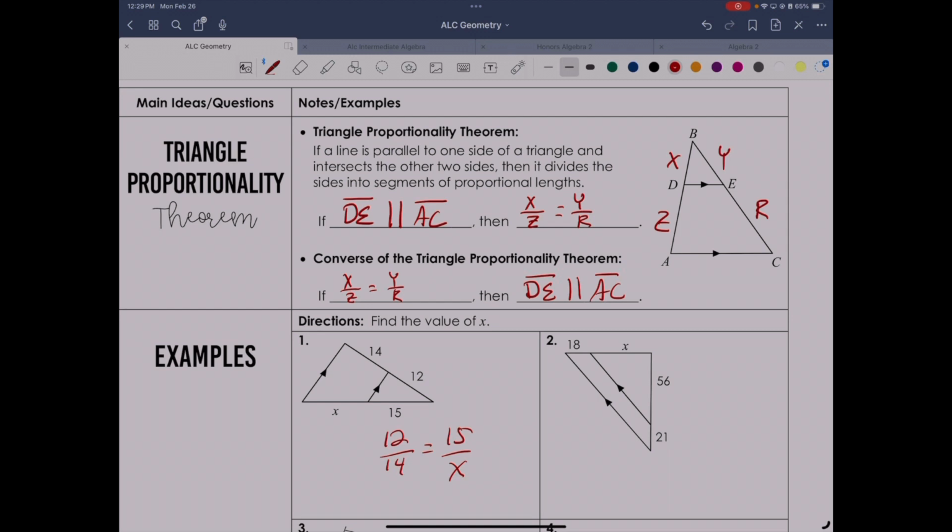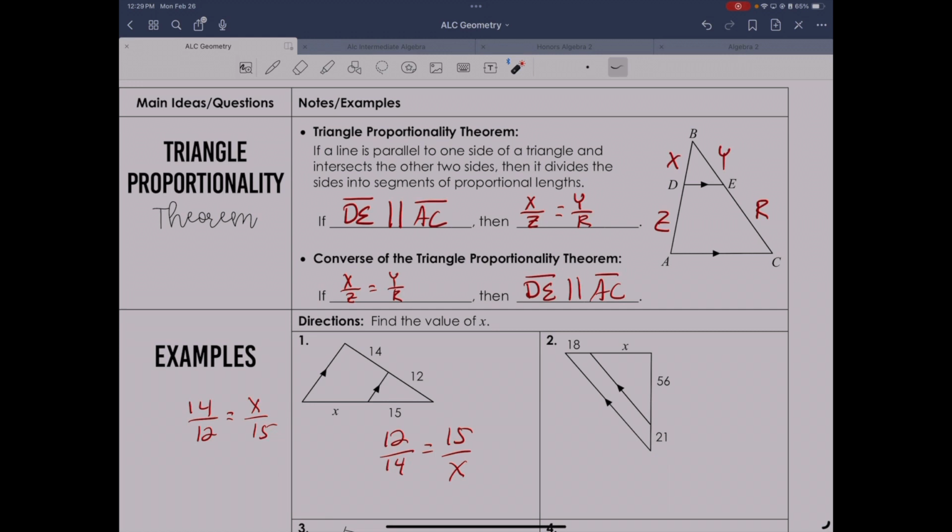If I flipped it around and said 14 over 12 is equal to x over 15, notice that if I cross multiply, it's 14 times 15 on this one, and 14 times 15 on this one. It's 12 times x on this one, and 12 times x on this one. It's not changing anything. Okay?